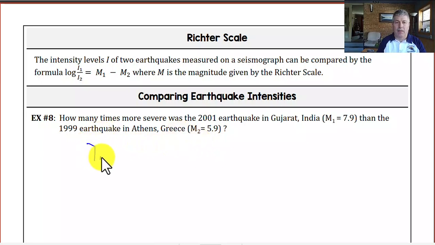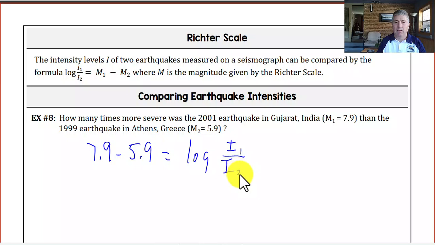So we can say that magnitude 1 minus magnitude 2, or 7.9 minus 5.9, equals log base 10 of the intensity of magnitude 1 divided by the intensity of magnitude 2. Well, 7.9 minus 5.9 is 2, equals log base 10 of I sub 1 over I sub 2.